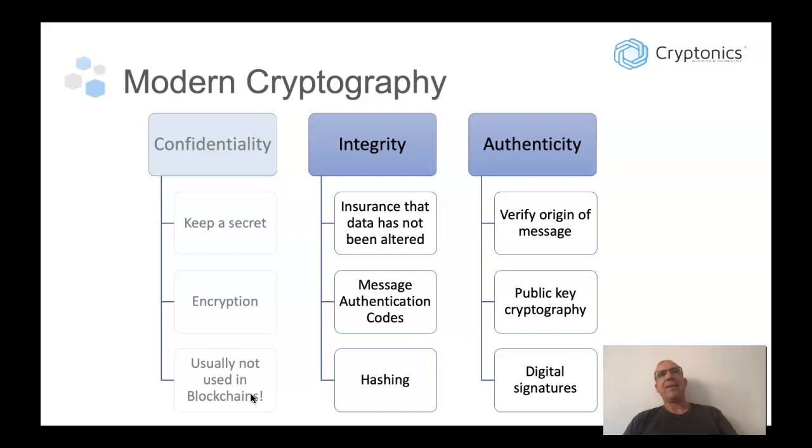This basically means you sign a piece of data so that you can identify the author of the data. And as a side effect, digital signatures and public key cryptography usually also prove integrity, that the data has not been altered. So integrity and authenticity often go together, and these two are really what we need from cryptography in blockchain technology.